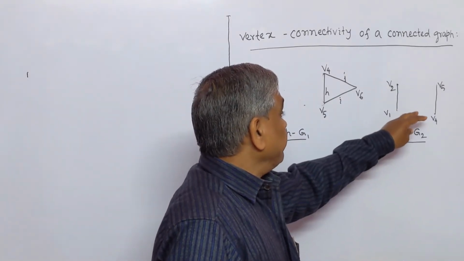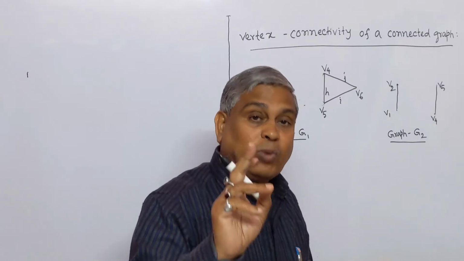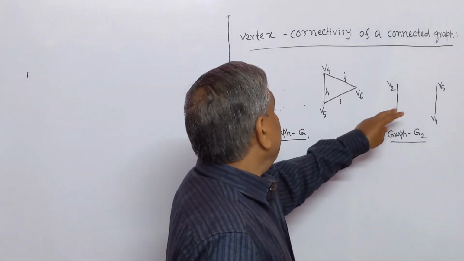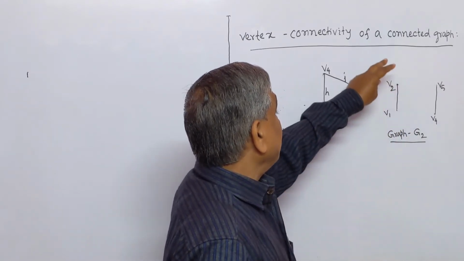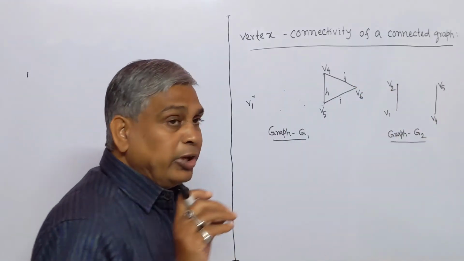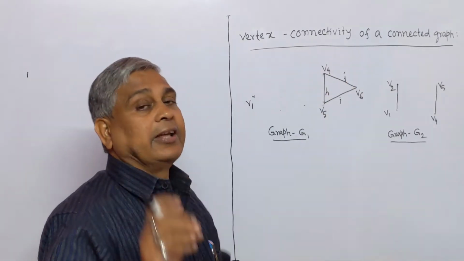Therefore, the minimum number of deleted vertices is 1. So, the vertex connectivity of this graph is 1. Now we define the vertex connectivity of a connected graph.